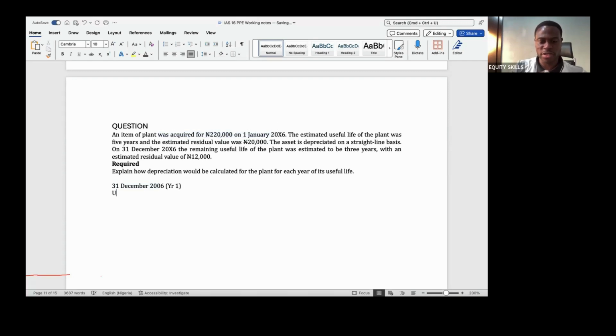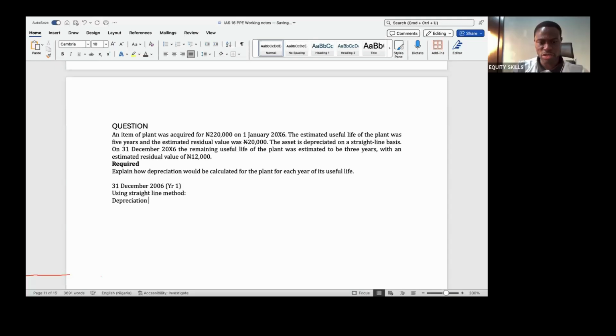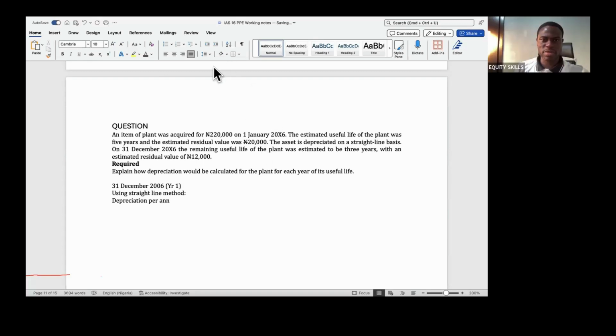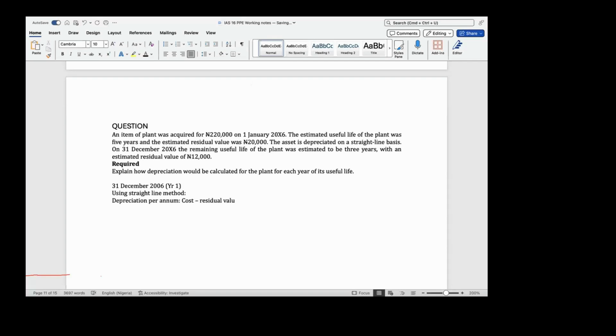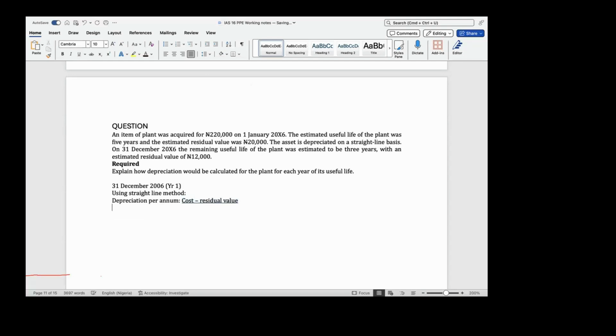Using the straight line method, my depreciation per annum will simply be cost minus residual value, divided by estimated useful life.